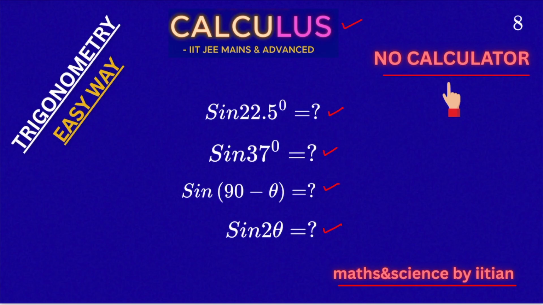Not only this, for different values of sine theta, I will explain how to find them so that you don't require a calculator or a cumbersome table. With logic and understanding the geometry, you will be able to find these values easily.